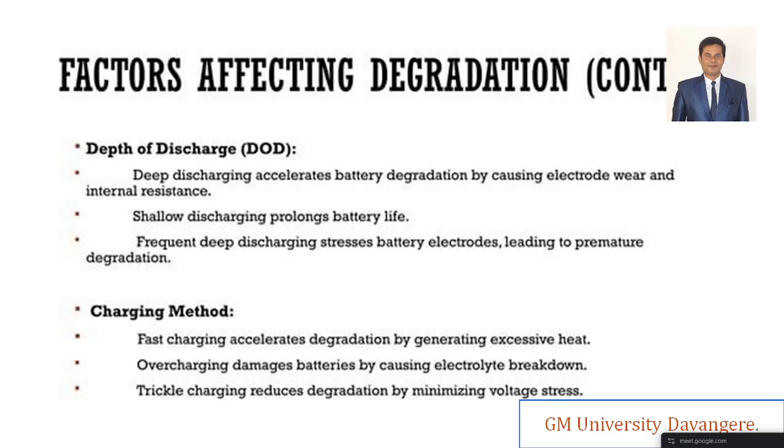Your battery is not reaching 100% depth of discharge. Meanwhile, you are charging again, so the concept of depth of discharge will not come into the picture, right? The depth of discharge is the percentage of battery capacity that is used in 1 cycle, right? All right.